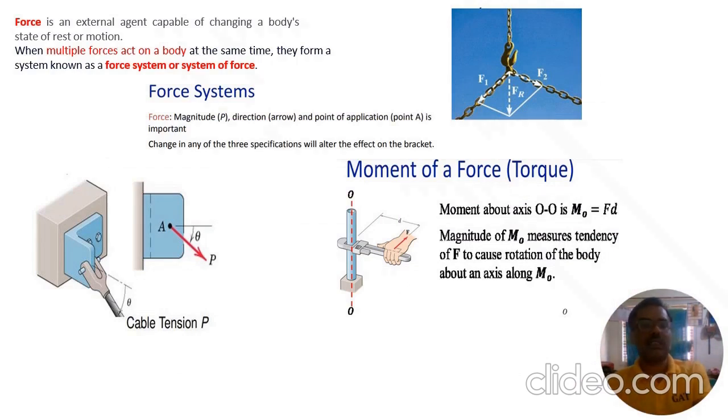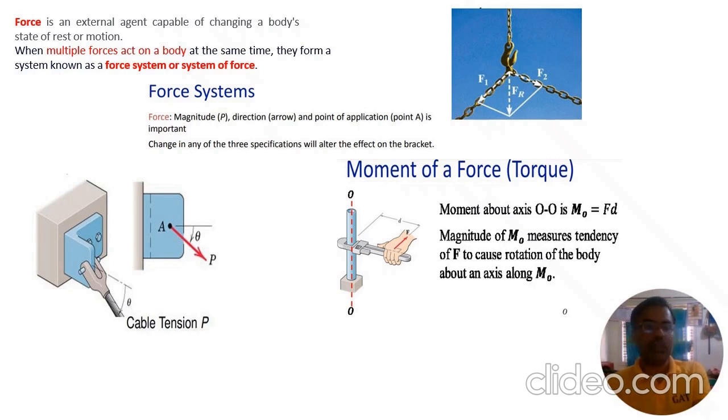So force is an agent capable of changing a body's state of rest or of motion. Whenever you see multiple forces acting on an object like a crane hook or any hook which is holding various members, we call such systems a force system. You can see a bracket being pulled with a certain force of P newtons, inclined at an angle theta.